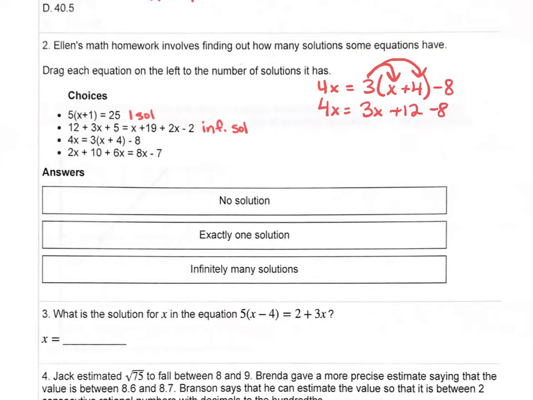Now we're going to combine like terms on the right side. So we have 4x equal 3x, and then 12 minus 8 is positive 4. Now we're going to get rid of the fact that we have an x term on each side. I'm going to get rid of 3x. And what happens is we get x equal 4, which is one solution.